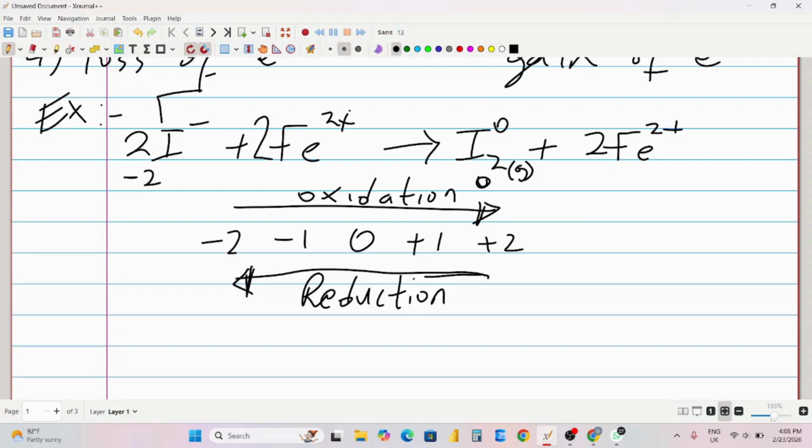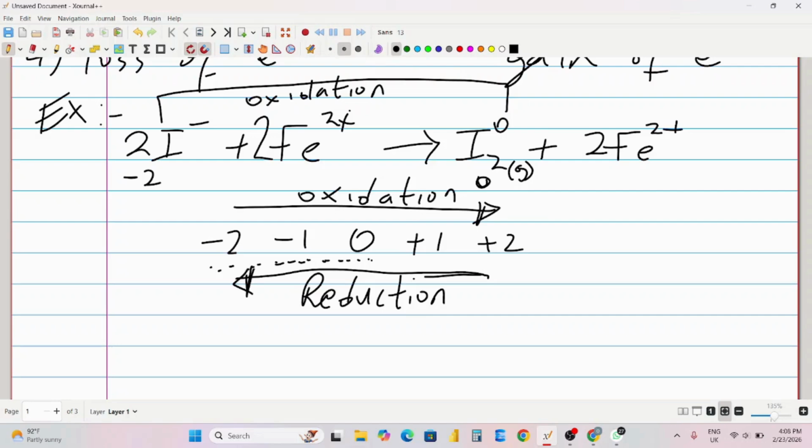So for -2 to 0, when you check the way the arrows are going, you can see that it's going what? Oxidation. So the iodine is experiencing oxidation.